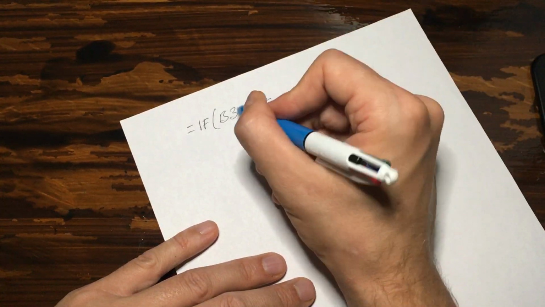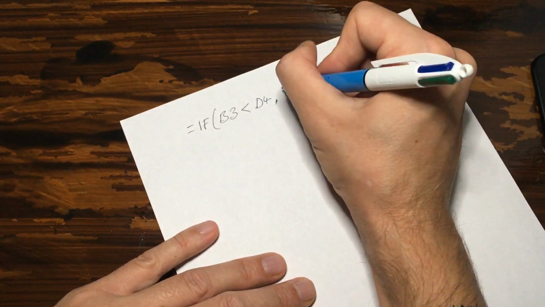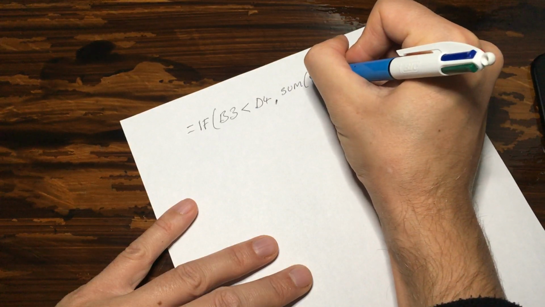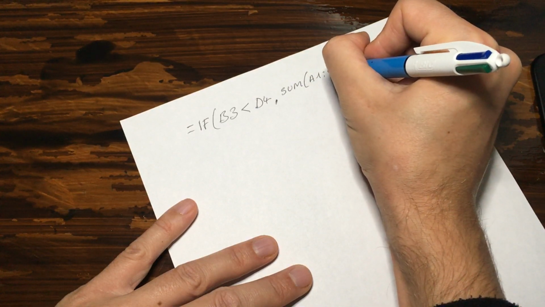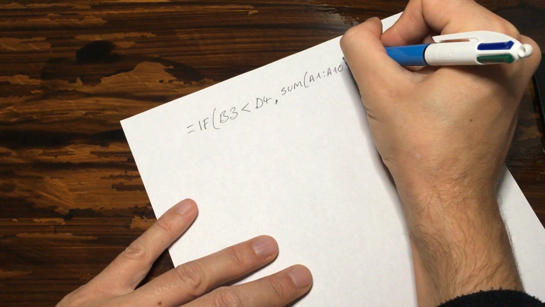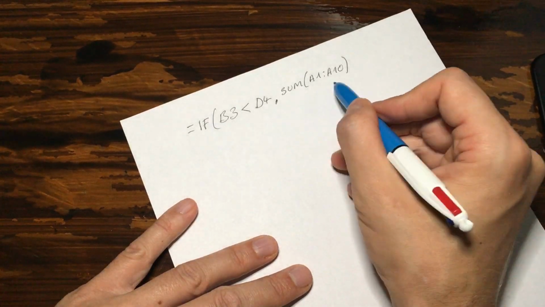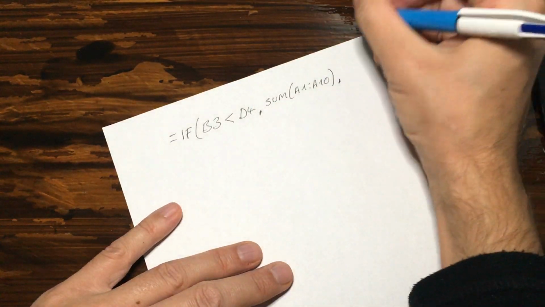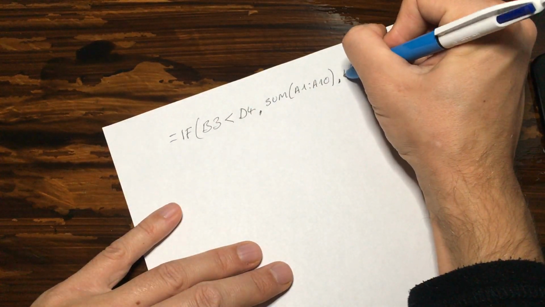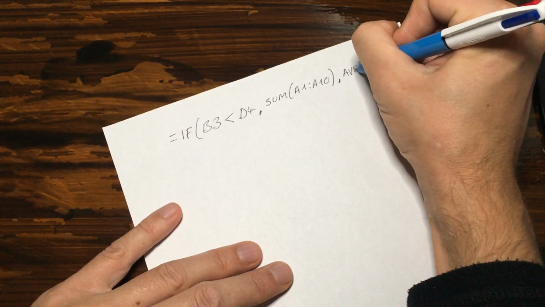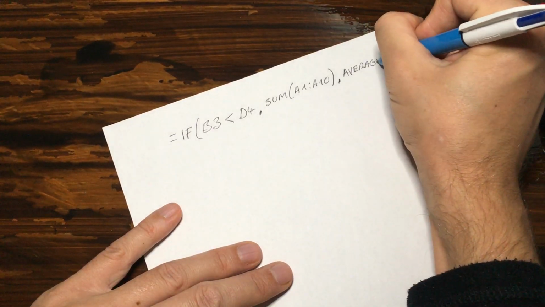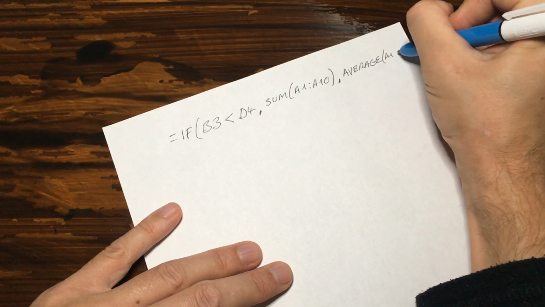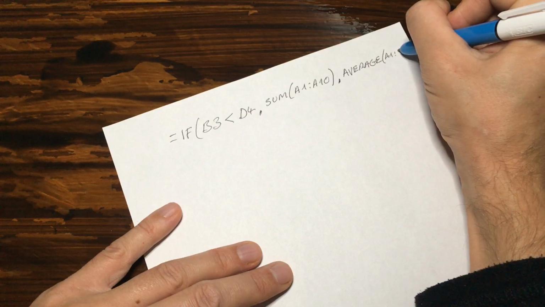So if B3 is less than D4, what I'm going to do is SUM, and then A1 to A10, close that brackets, right? And then the false, if it's not, then I'm just going to do something else. I'm going to AVERAGE. And this is just showing you an example of what you can do. AVERAGE A1 to A10.